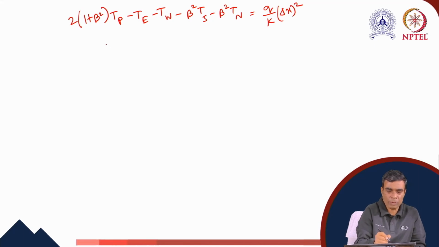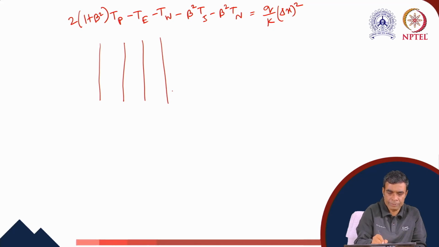Now we can correlate the nodal points P, E, W, S, N with respect to the indices I and J that we use in the finite difference method. So here we redraw the mesh.